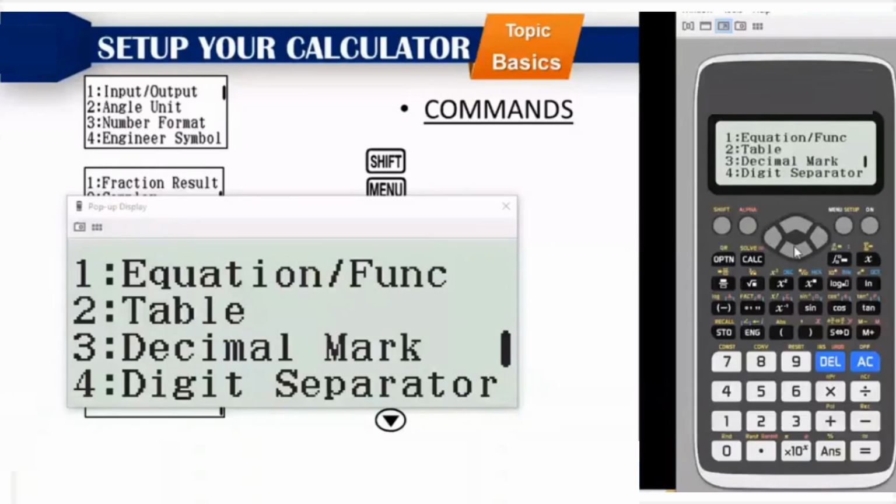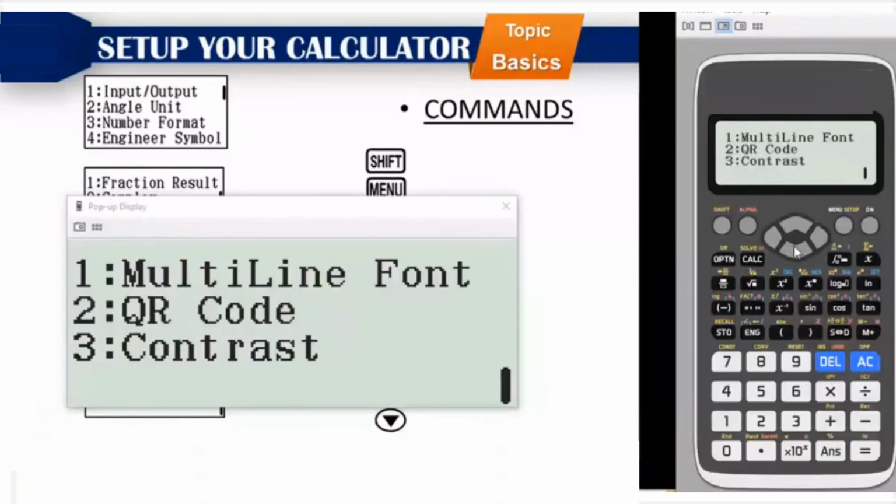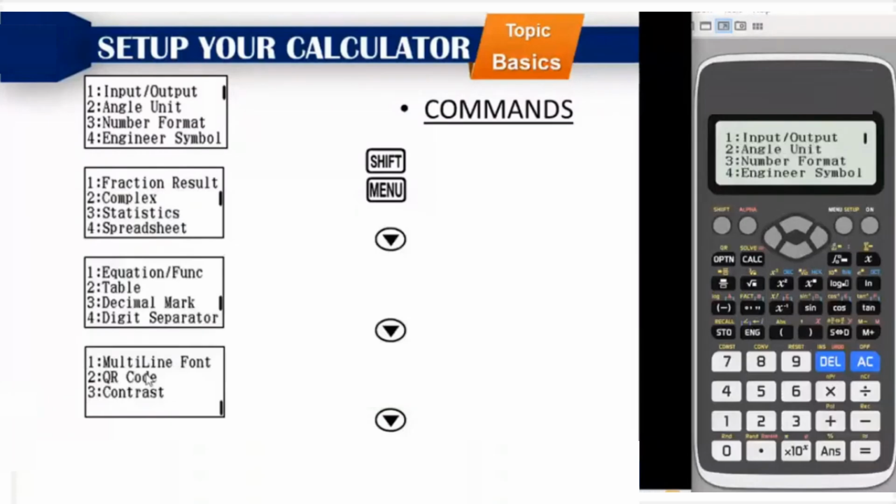If I scroll down, multi-line font, QR code, and contrast. So these are the setups available in your calculator. On the screen on your left, I have put all the screenshots at a go so that you can follow. So let's look at each and every setup in detail.